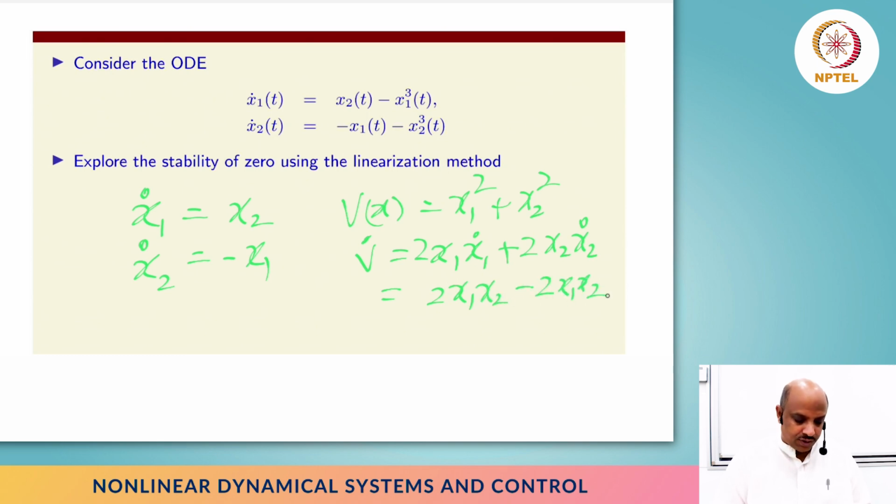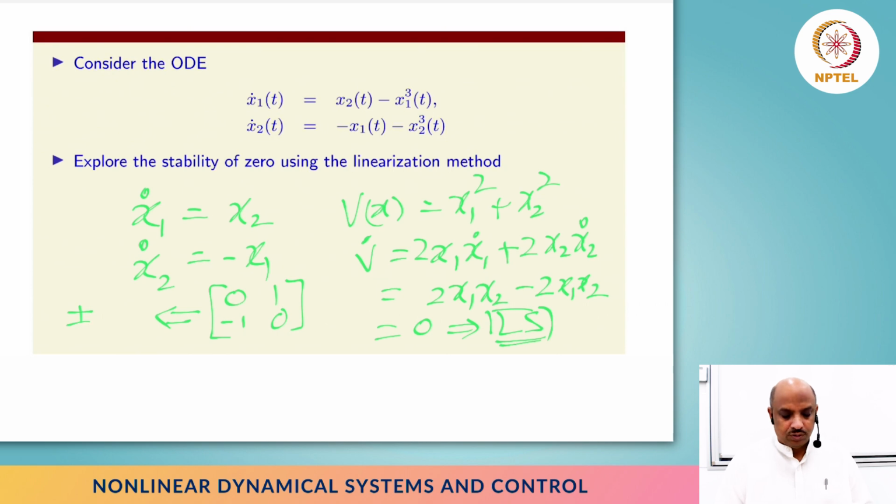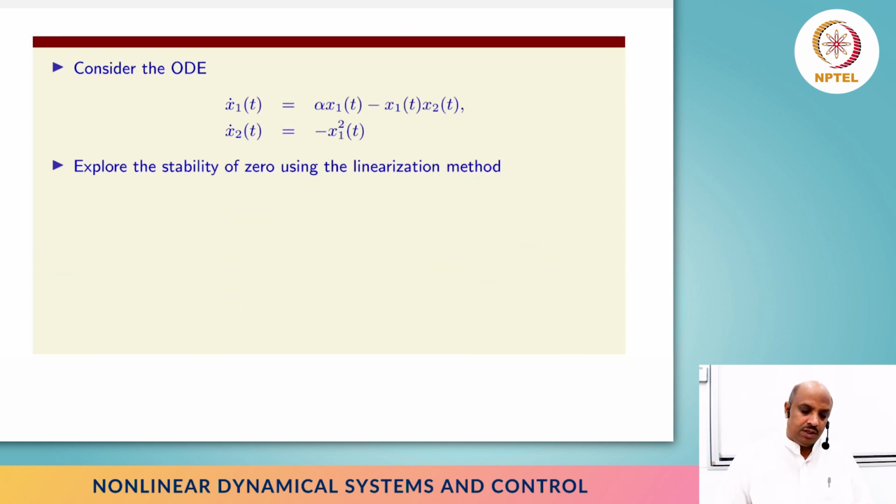Alternatively, we can see that this matrix 0 1 minus 1 0 has eigenvalues plus or minus j, where j is the square root of minus 1, producing Lyapunov stability. So the linearization is Lyapunov stable, and nothing concrete can be drawn from the linearization. It's exactly the same as the example before. So explore if we can do it nonlinearly, or look at the notes.